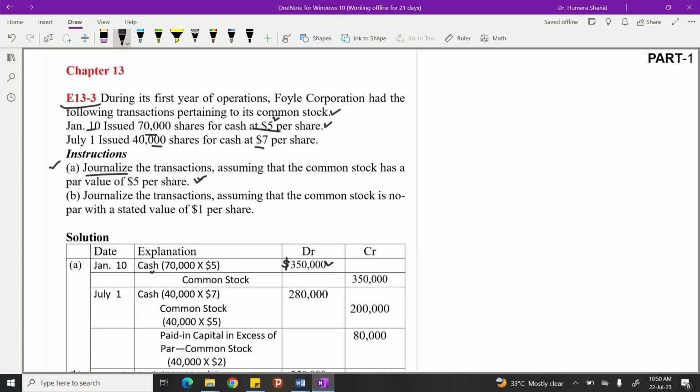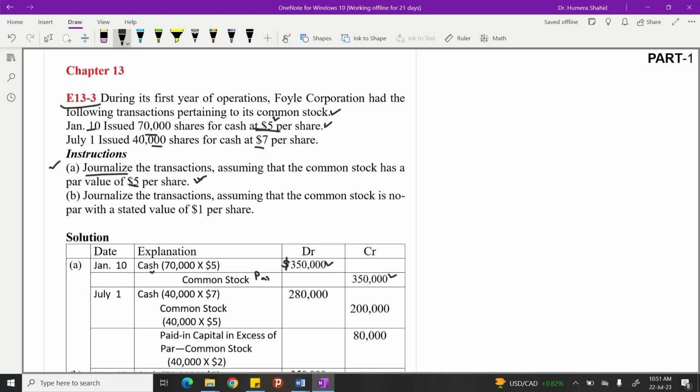If you see, the issue price is $5 and the par value is also $5. So basically common stock is always recorded at par value, okay? So the par value was 70,000 multiplied by 5, that is 350,000. So we don't have any excess in this journal entry. Why? Because whatever the par value was, the same was the issuance price of the stock.